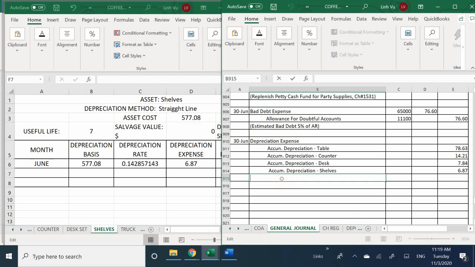In this case, I have accumulated depreciation for the computer, accumulated depreciation for the printer, and I also have the accumulated depreciation for the register.